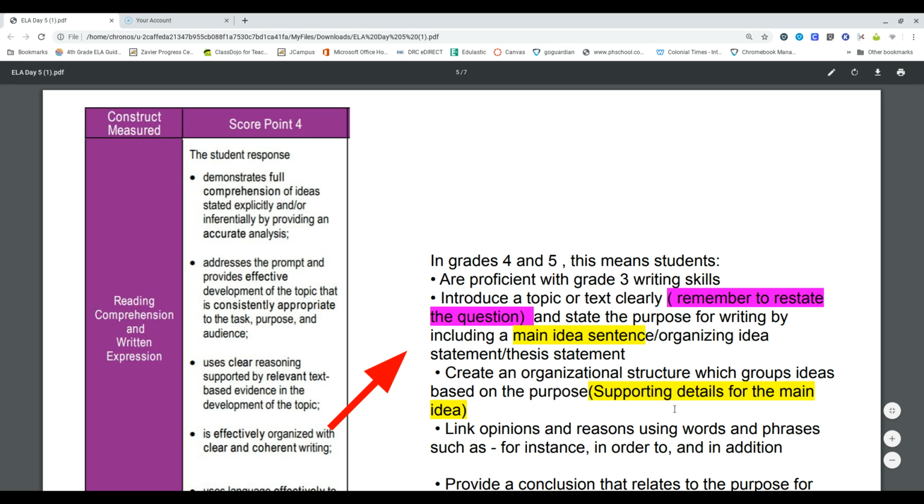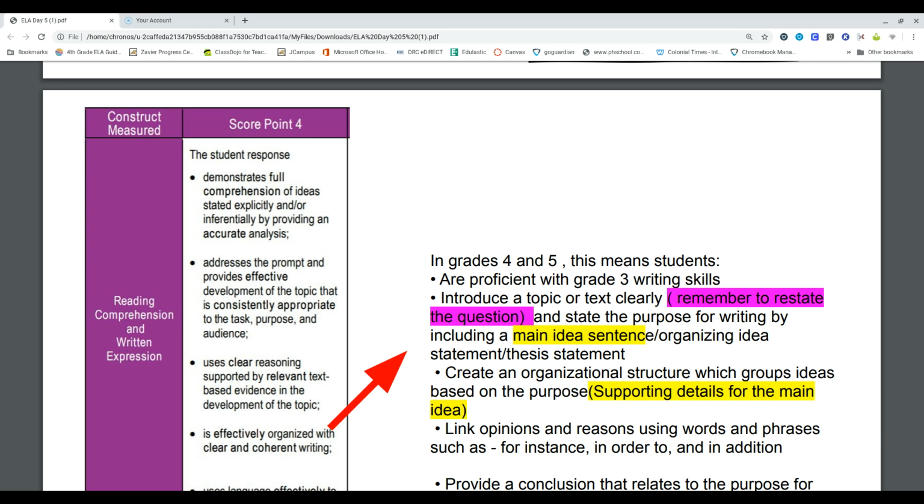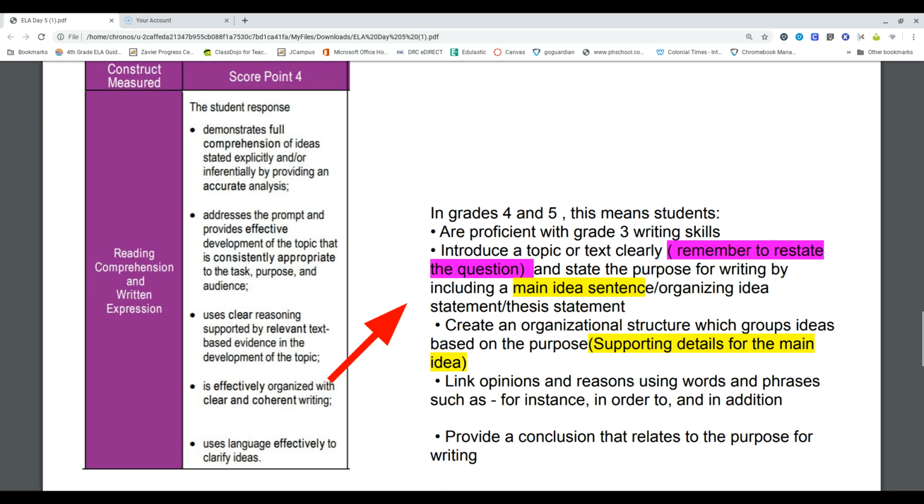You want to link your opinions and reasonings, use your transitional words, for instance, in order to, in addition, use those sentence stem starters that we just saw on the other page. And then make sure you provide a conclusion that relates to the purpose for the writing. We should see that topic and main idea coming back.